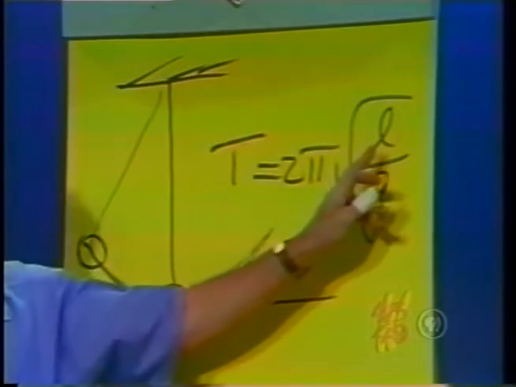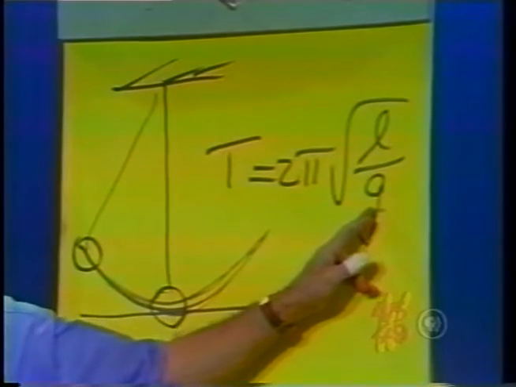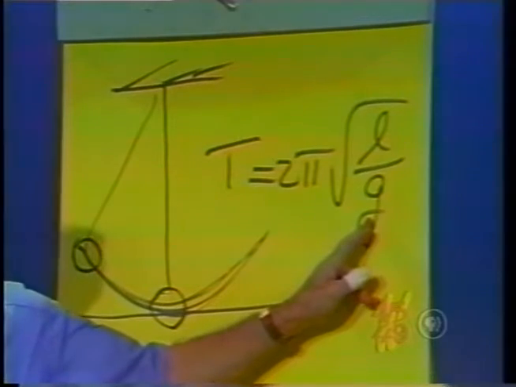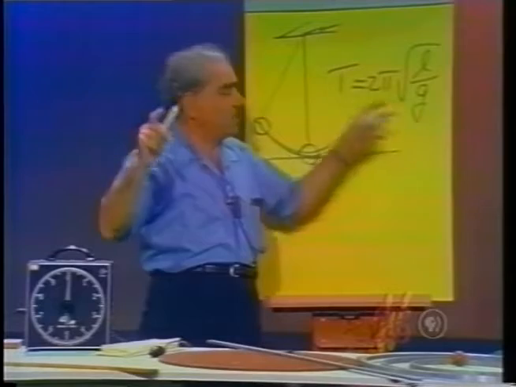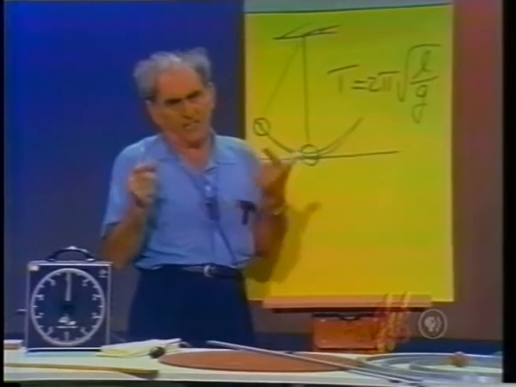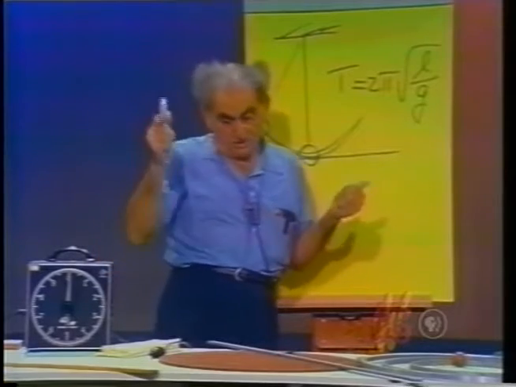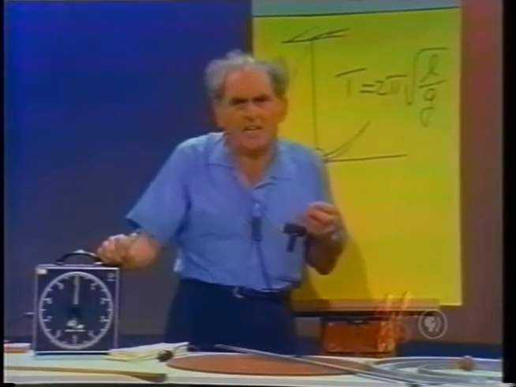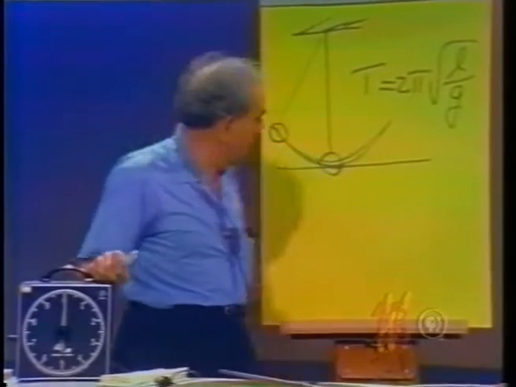It's governed, as we see, by the square root of the length and depends upon where we time it. You know, for example, that G is one thing on the Earth and quite another thing on the moon. G is 32 feet per second squared on the Earth, but about 1/6 of that on the moon. As an incidental matter, you would weigh, therefore, 1/6 as much on the moon as you weigh on the Earth.